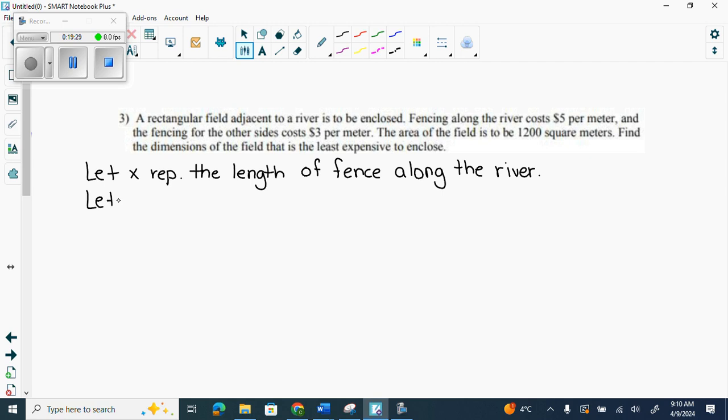Let y represent the length of fence perpendicular to the river.